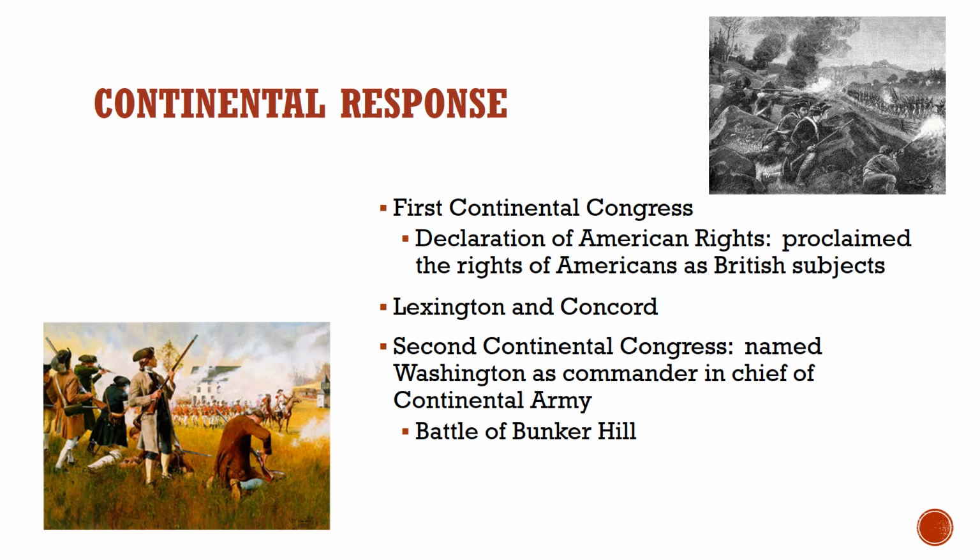And despite the fact that the major fighting took place on Breed's Hill, this incident is known as the Battle of Bunker Hill. The high number of British casualties made the British generals more cautious in subsequent encounters with the Continental Army. The colonials asked that all able-bodied men enlist in the militia.